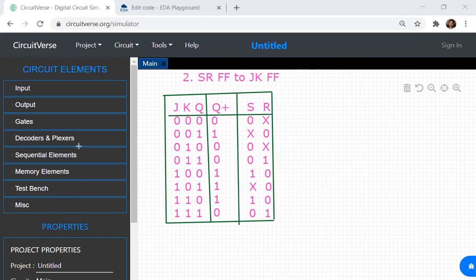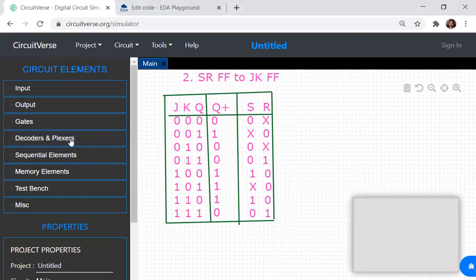Now we'll go to the K-map simplification. I'll simplify for S and leave R pending for you. So I have 0 X, X 0, 0 X, 0 1, 1 0, X 0, 1 0, 0 1.